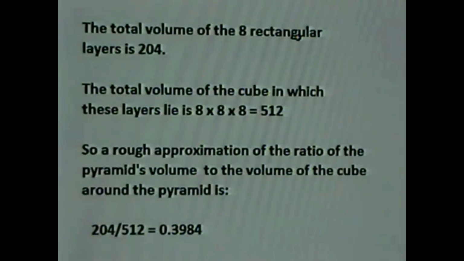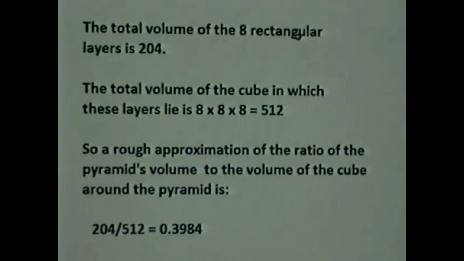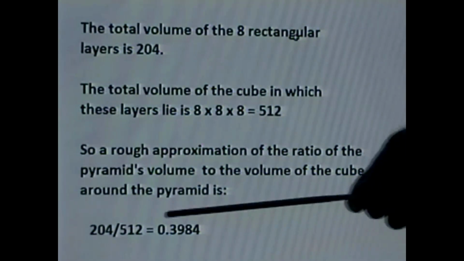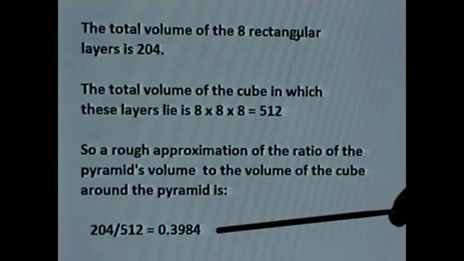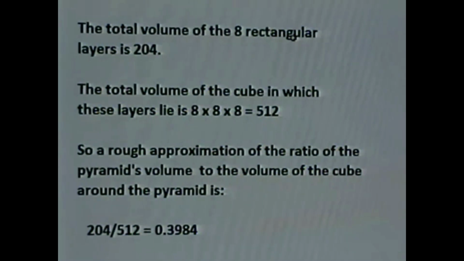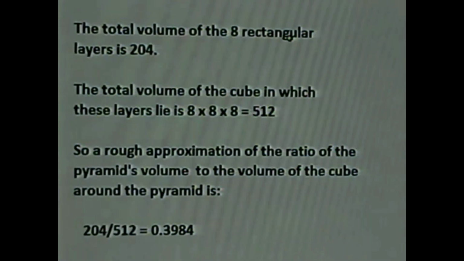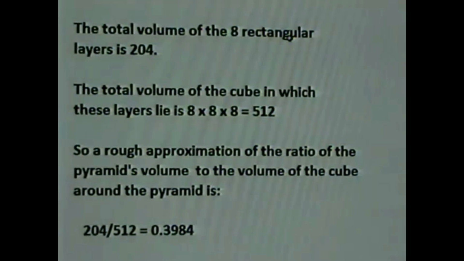So the ratio of the volume of the step pyramid to the volume of the surrounding cube equals 204 divided by 512, or 0.3984. But wait a minute, 0.3984 is quite a bit bigger than 1/3, which equals 0.3333. What's going on?